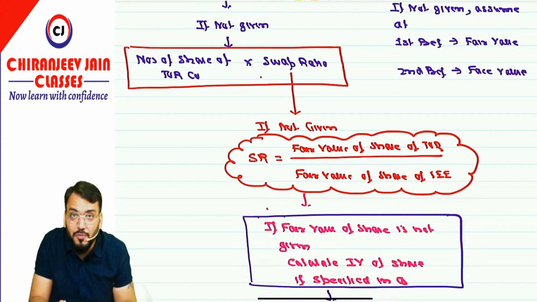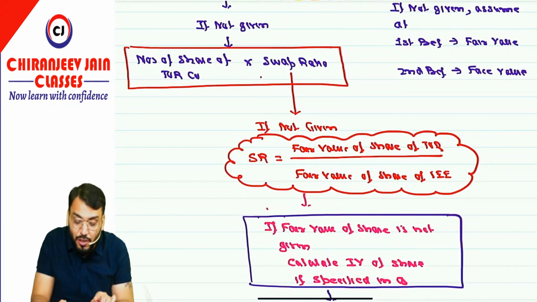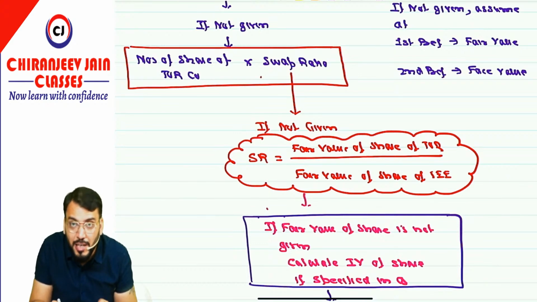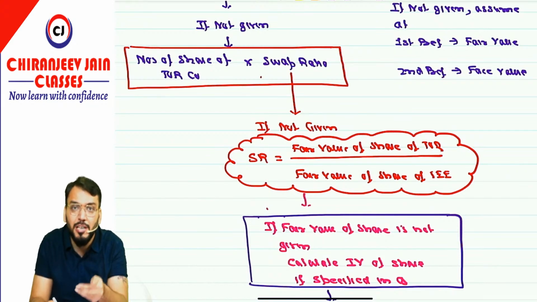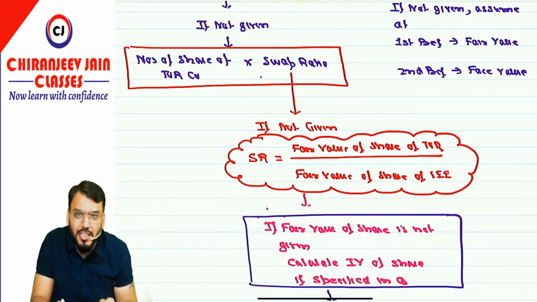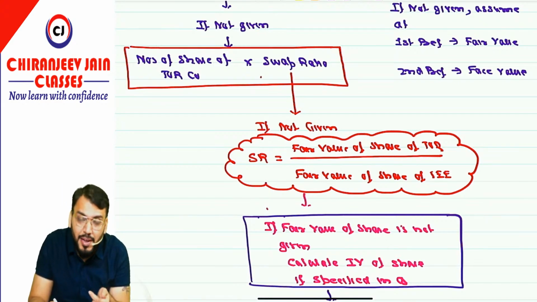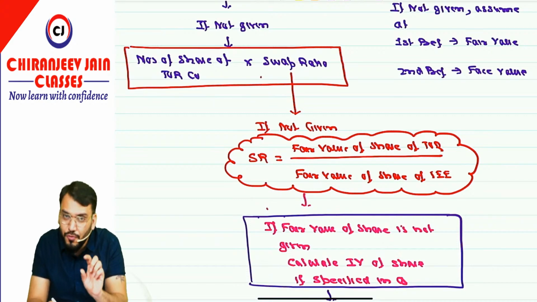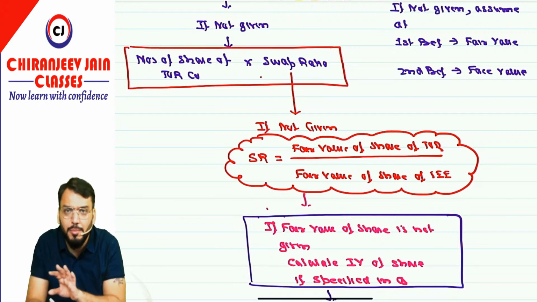The formula is the fair value of shares of the transferor company divided by the fair value of shares of the transferee company. This is not face value. Normally they will give you this information. Now fair value is nothing but the market price of shares or intrinsic value. They might give you the market price or intrinsic value. So fair value can be the market price of shares or the intrinsic value of shares. Either of these will be given in the question.